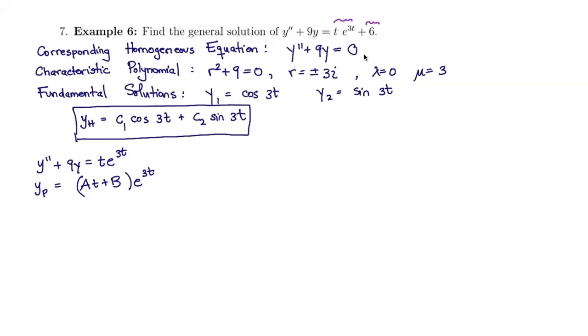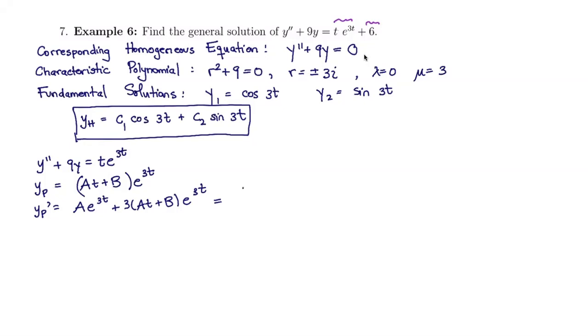We can find the first derivative of this, which will simply give us a e to the 3t plus at plus b e to the 3t times 3. And I strongly recommend in this case that you simplify as much as you possibly can.